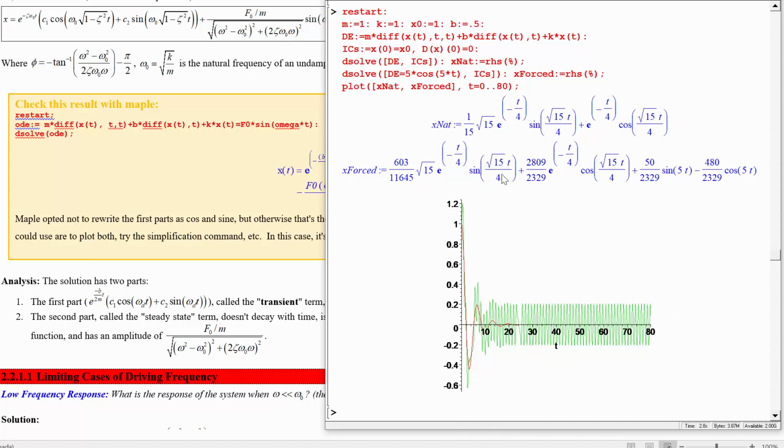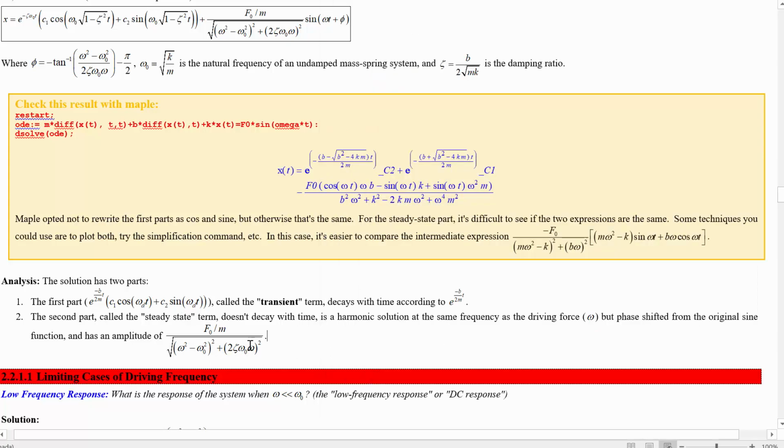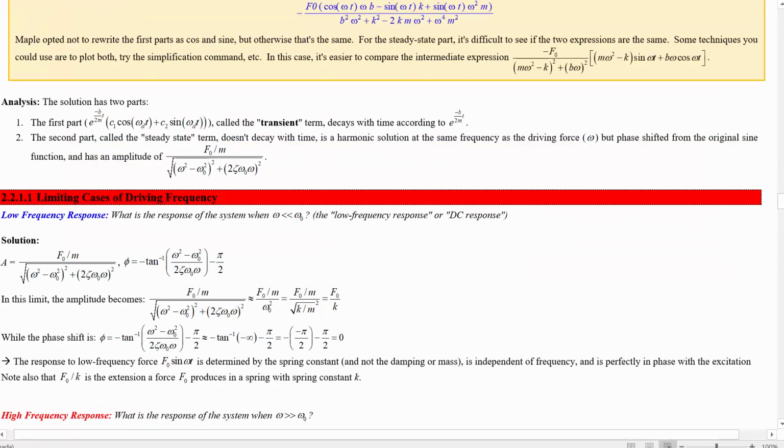What's going on there? Well, the term in the denominator here is going to modify the amplitude of this thing depending on how big the frequency that we're driving it is compared to things like the natural frequency and how big the damping is. So let's look at some limiting cases.